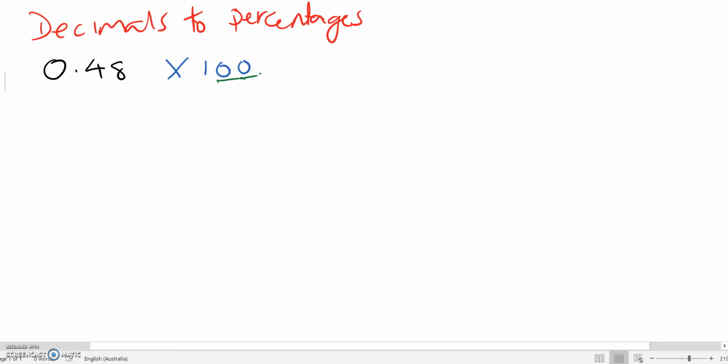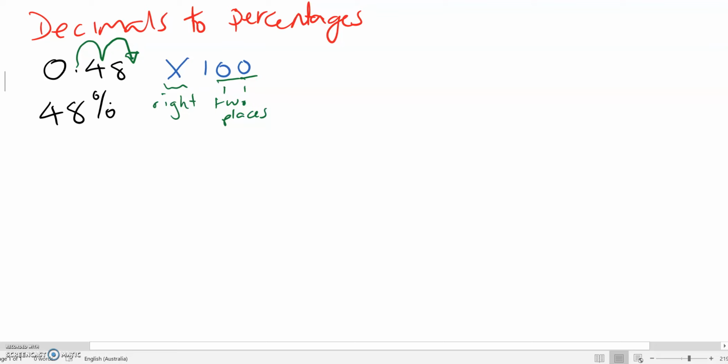So we're actually going to pick the decimal place up, and we're going to move it 2 places. And we move it 2 places to the right because we're multiplying. So multiply, we move right, and 2 places because of the 2 zeros in 100. So we can actually just pick this up, move it 2 places, and it becomes 48%.